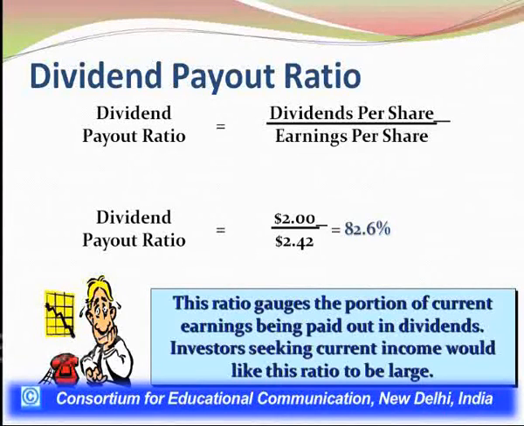How much did the company earn? The company earned 2.42, out of which the company is paying $2. So not all of the 2.42 per share earnings belonging to shareholders is distributed, rather $2 has been distributed per share.